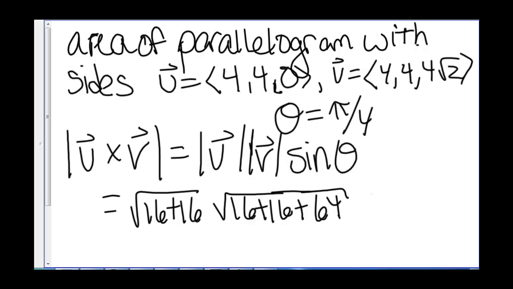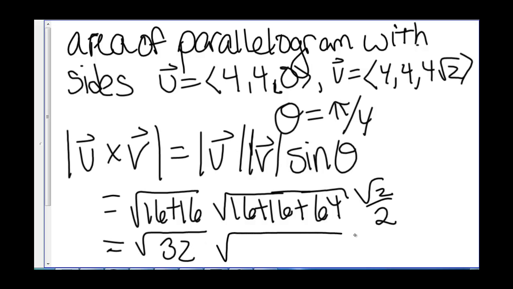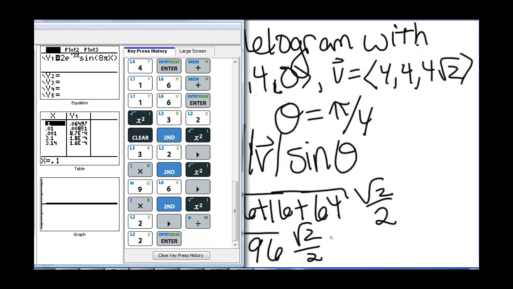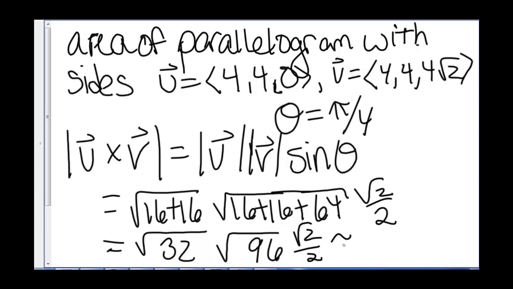And sine of pi over 4 is square root of 2 over 2. So we have the square root of 32 times the square root of 96 times the square root of 2 over 2. And this is equal to about 39.19.